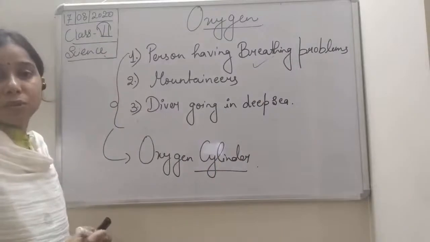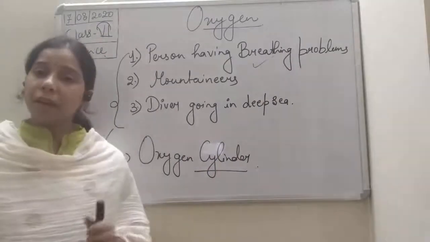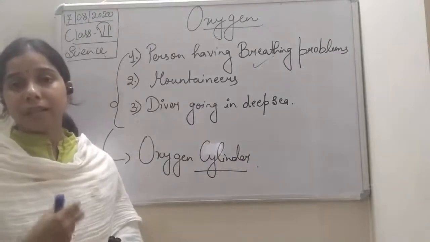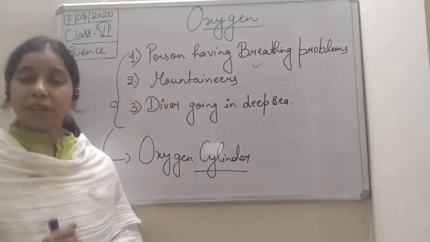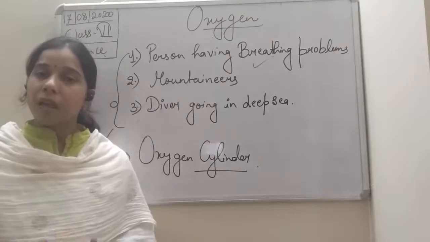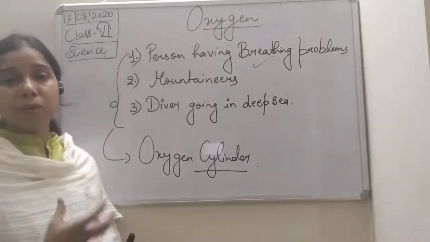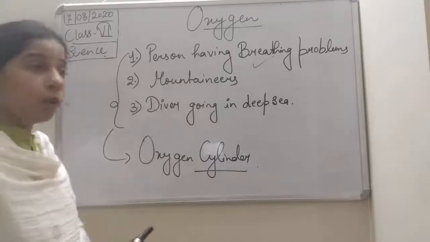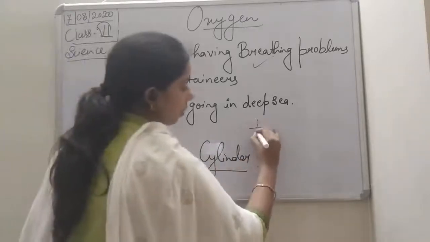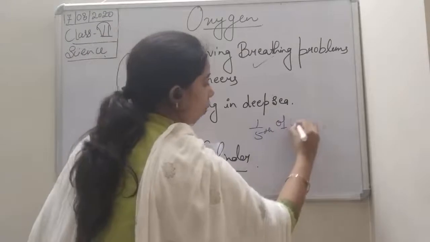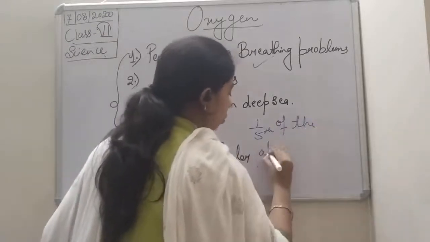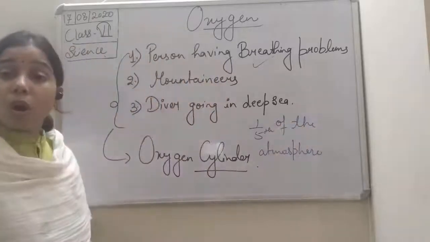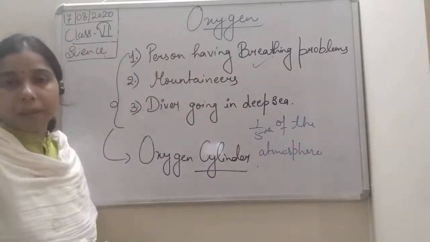Now if a patient or a person has the disease asthma, then you know that the oxygen present in the atmosphere, which is about one fifth of the atmosphere, is not sufficient for him.